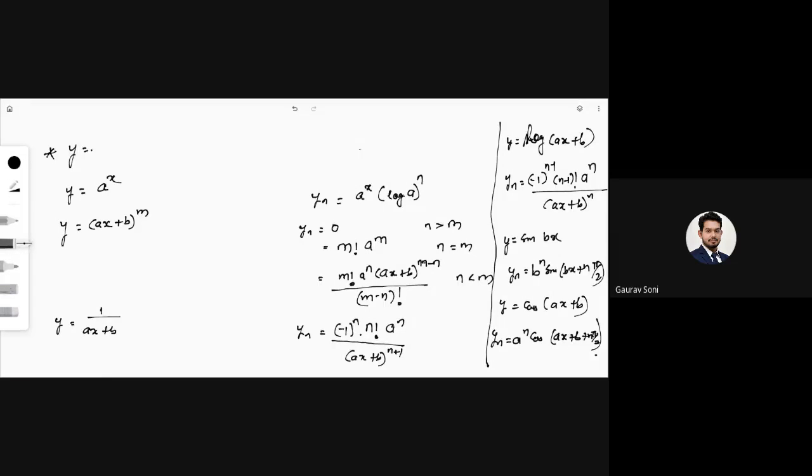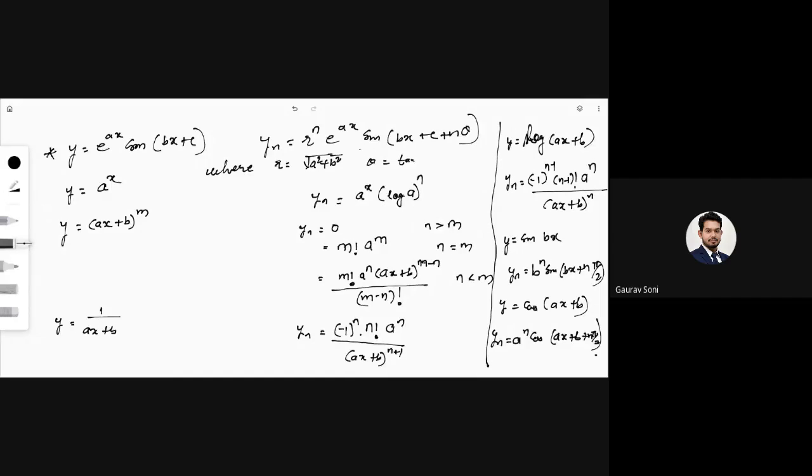So if y is equal to e to the power ax sine of bx plus c, then yn will be equal to r raised to n e to the power ax sine of bx plus c plus n theta, where r is equal to under root of a square plus b square and theta is equal to tan inverse of b by a.